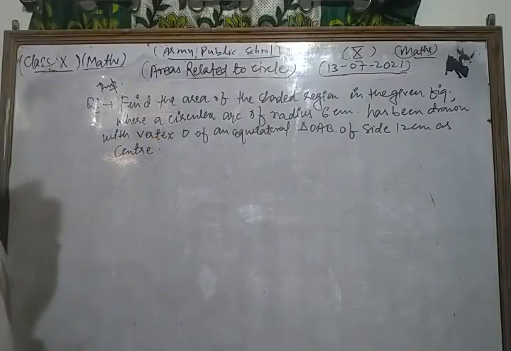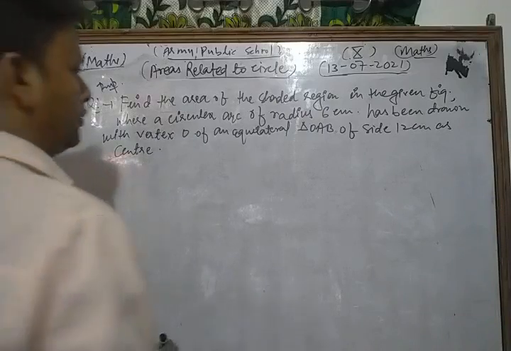Okay, find the area of the shaded region in the given figure where a circular arc of radius 6 centimeter has been drawn with vertex O of an equilateral triangle of side 12 centimeter as center.